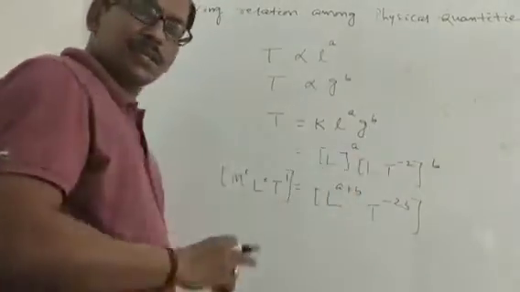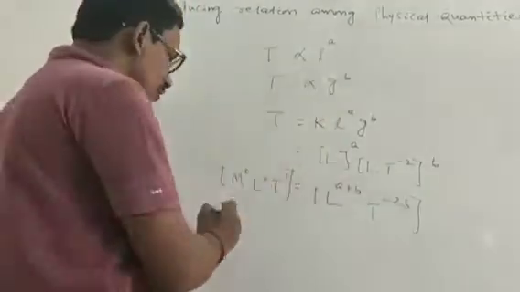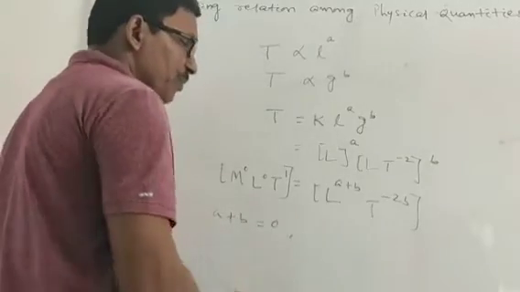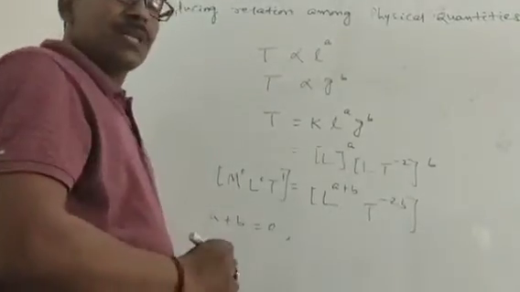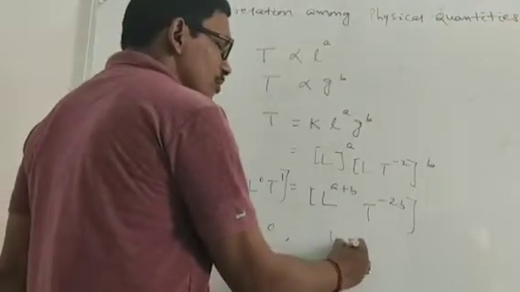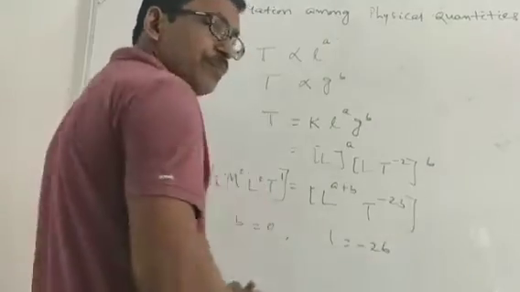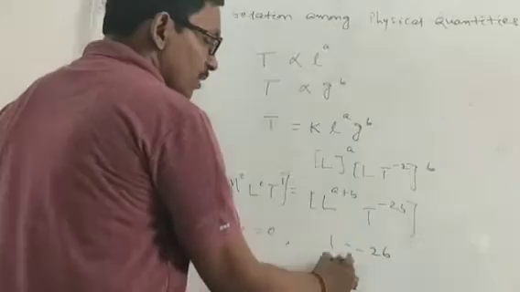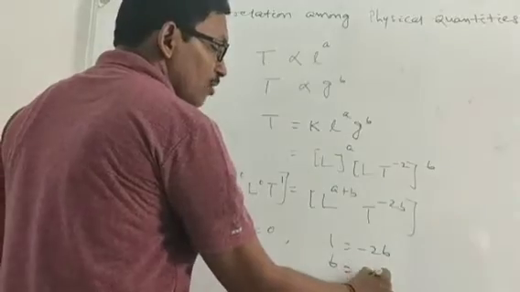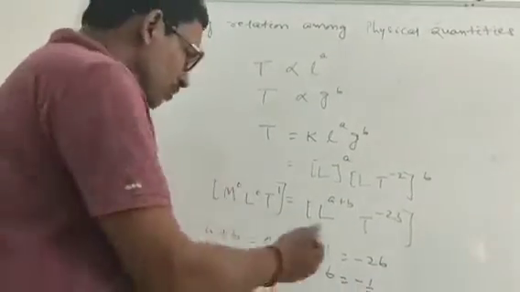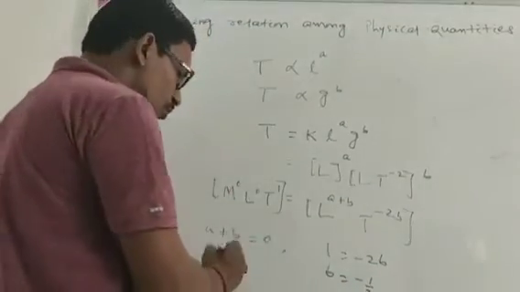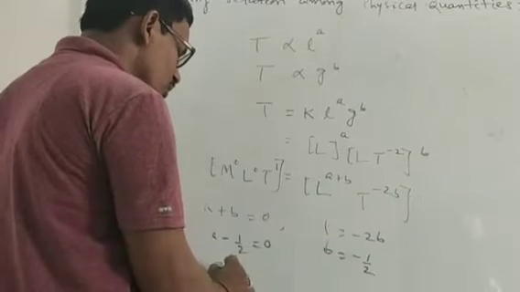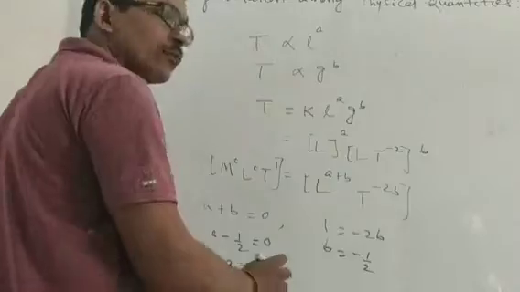Now equating the powers on both sides, we get a plus b equal to 0. And if you equate the powers of T, 1 is equal to minus 2b, so b is equal to minus 1 by 2. Now what about a? a plus b equal to 0, so a minus 1 by 2 equal to 0, so a is equal to 1 by 2.